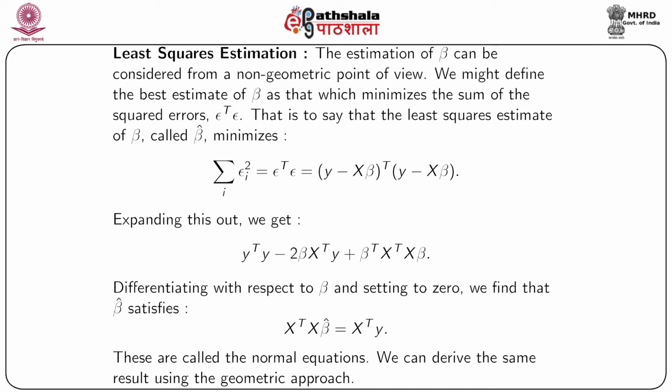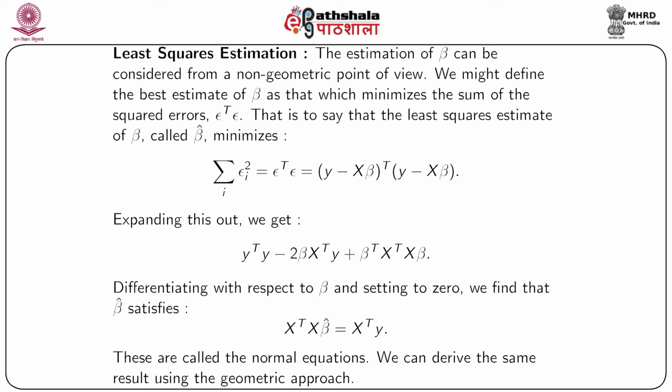That is to say that the least square estimate of beta, called beta hat, minimizes epsilon prime epsilon, which can also be written as sum over i epsilon i square, which again in case of the regression model y equals x beta plus epsilon can be written as follows when we write epsilon as y minus x beta. So the least square error can be written as y minus x beta prime times y minus x beta.